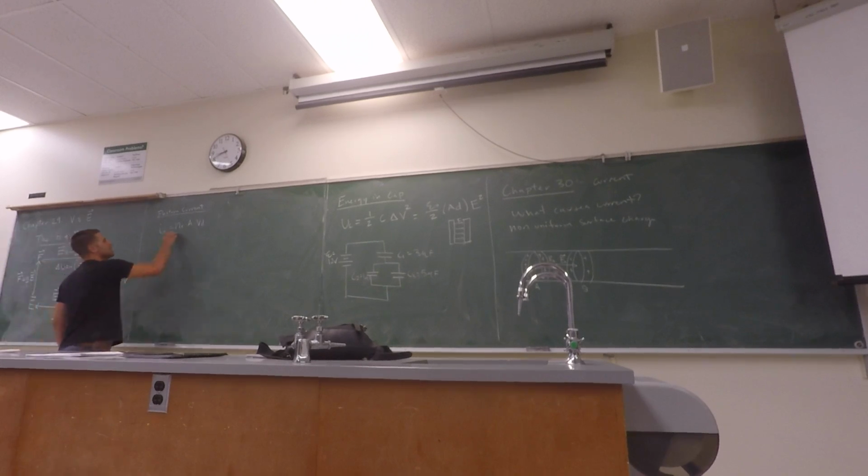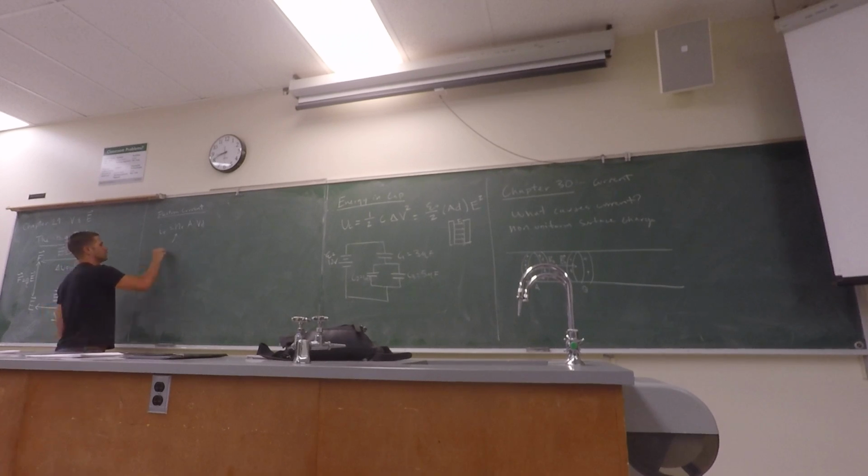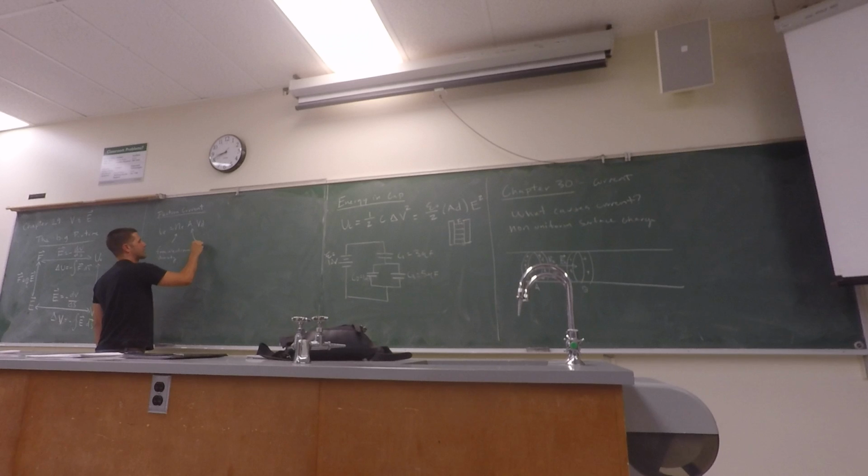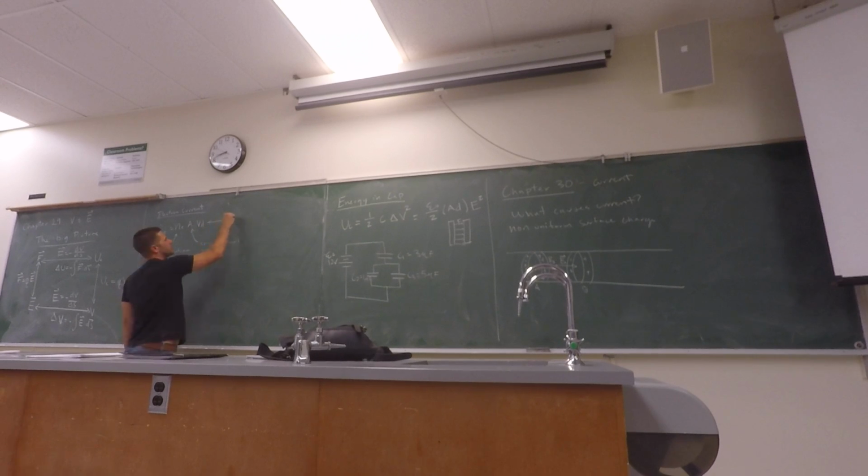Now n_e, that's the free electron density, and it depends on the material. A, that's the cross-sectional area of your wire. Okay, and v_D, that is the drift velocity.